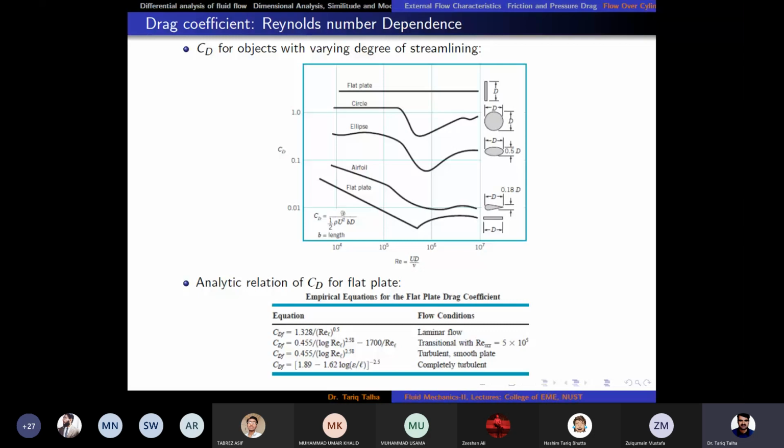drag coefficient. Now we can take maybe 10 more minutes to discuss the other force which is perpendicular to the flow direction. Drag force is always parallel to the flow direction. So the force which is created perpendicular to the flow direction is called lift force.